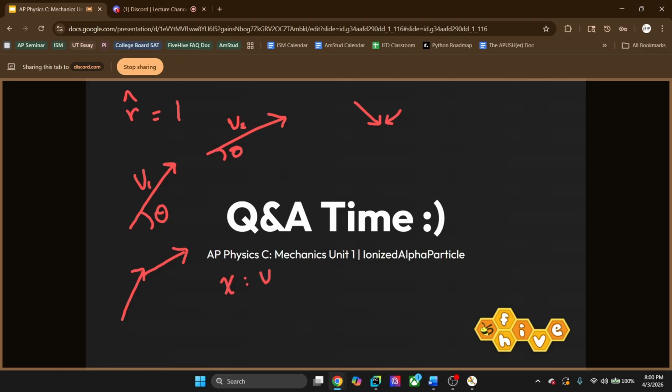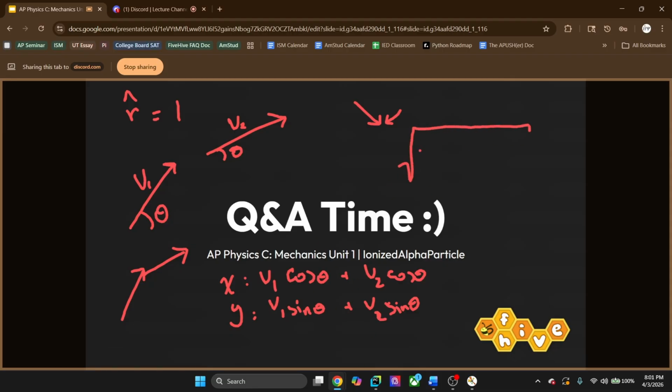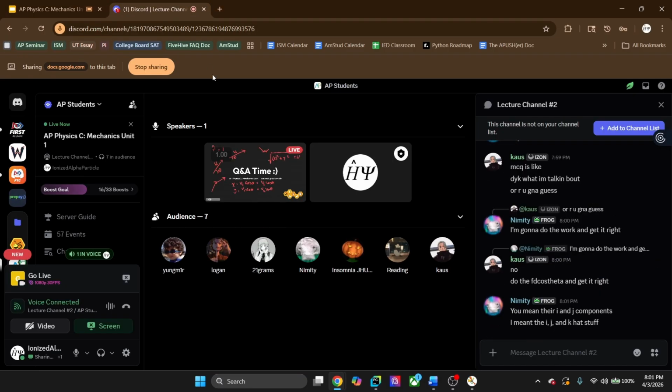The x is going to be v1 cosine theta and v2 cosine theta. Y is going to be v1 sine theta and v2 sine theta. To find the magnitude of the two components, you do x squared plus y squared, and that's going to give you the final vector. Yeah, the i hat, j hat, and k hat stuff.